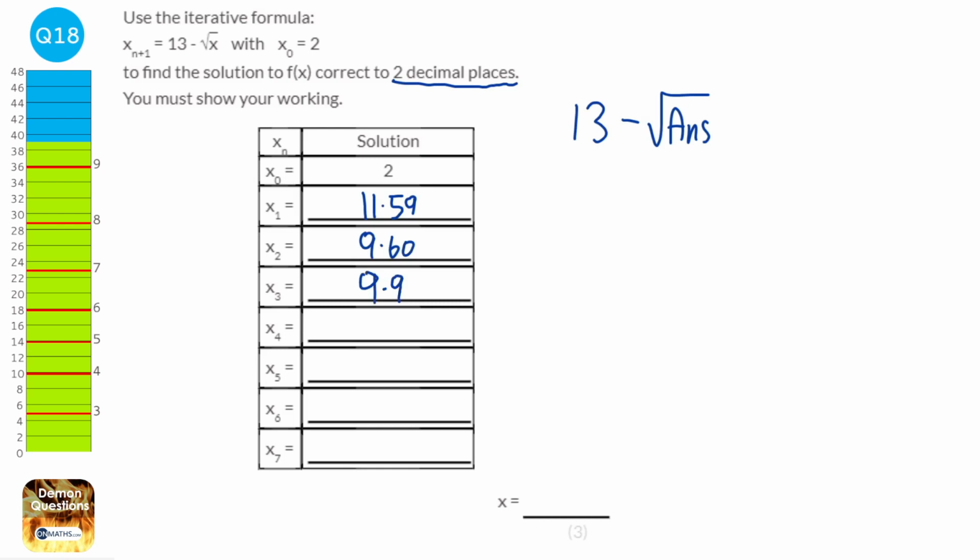Again, 9.90, 9.85. So it's getting closer to something now. 9.86 and then 9.86. So our solution, our answer, is going to be 9.86 because as soon as the number repeats, you stop and you write down that answer.